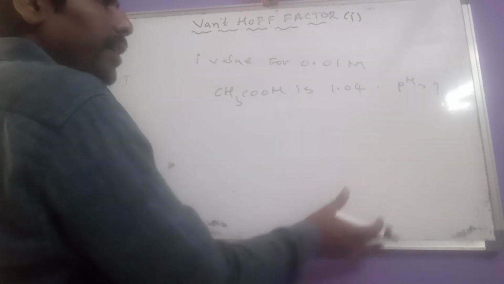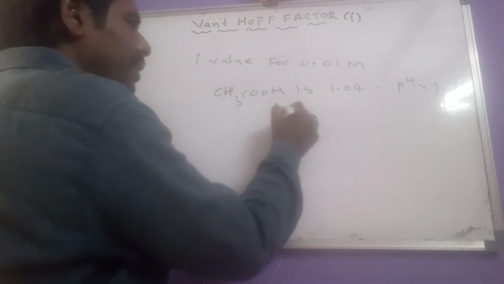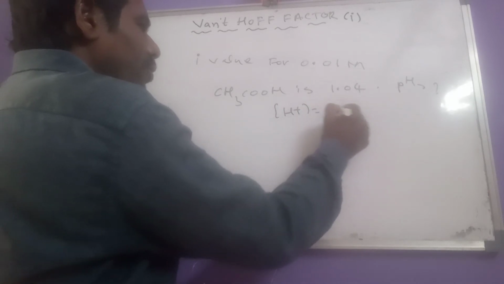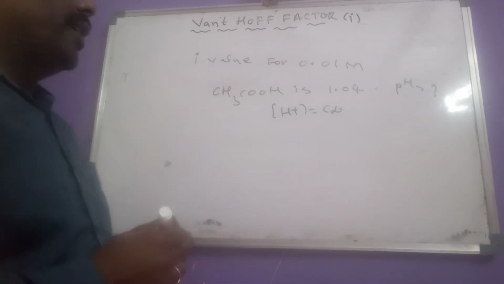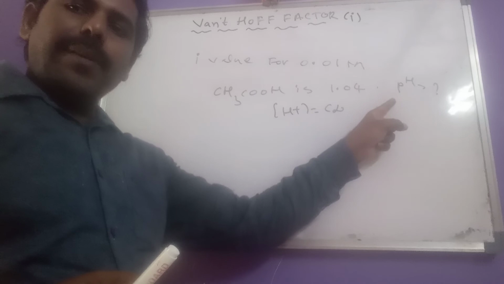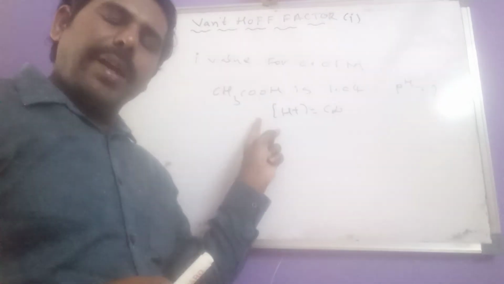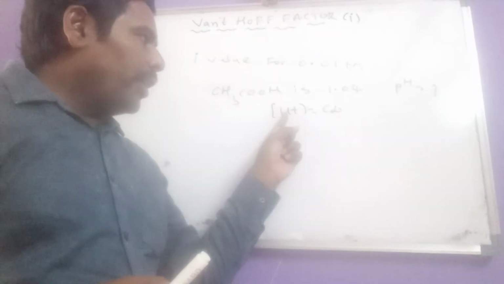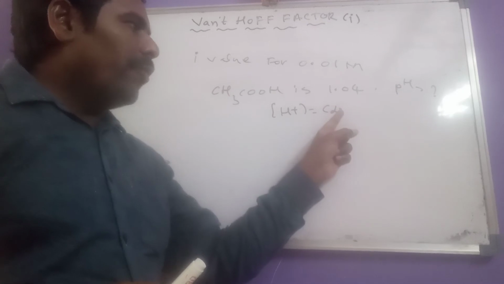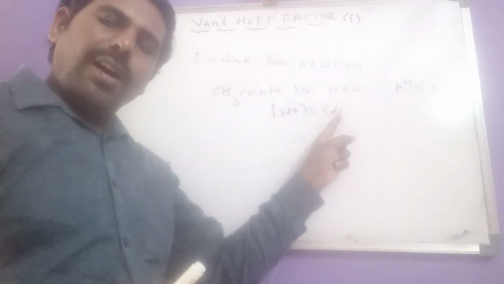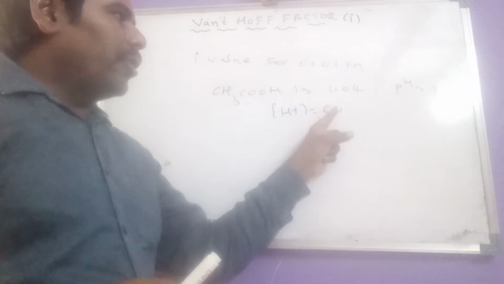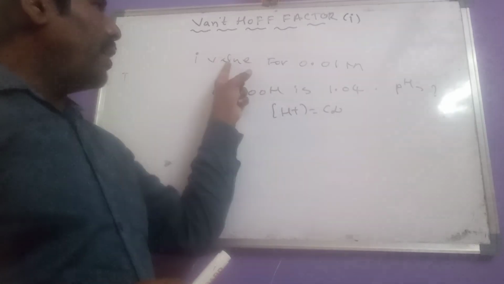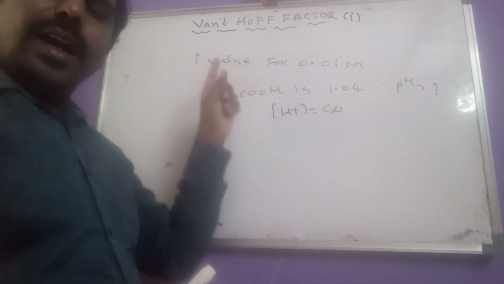First we have to create that route map. What is that? H plus equals C alpha. So to calculate pH, we should determine H plus. Now to determine H plus, we need another factor here, alpha. And to get alpha, what is the available factor here? i value.